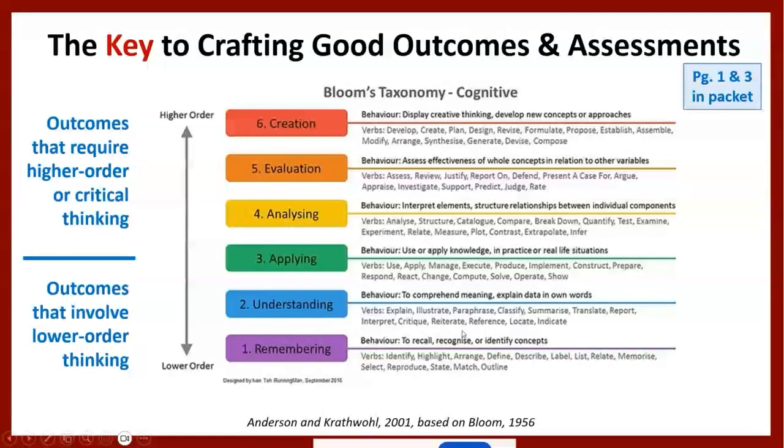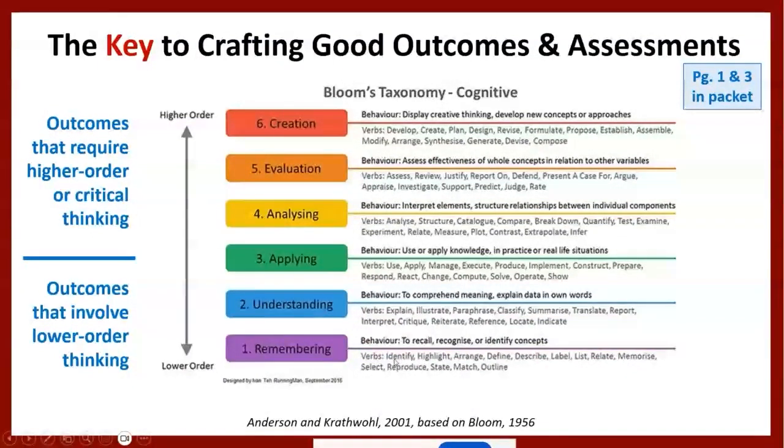But Bloom's taxonomy basically just gives you the verbs that you need to use that should be part of that learning outcome statement that reach that level of thinking that you're wanting. So in this taxonomy, these categories, you have what we call lower order thinking skills and higher order or critical thinking skills. And so remembering being your most low order.